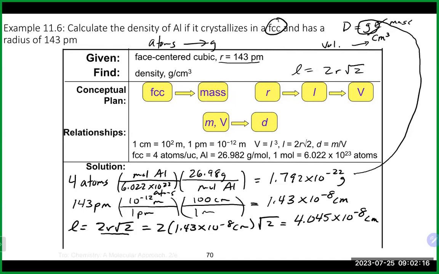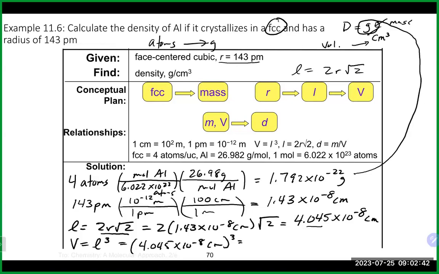This is not the volume, right? But because this is a cube, the volume will equal the length cubed. So what I need to do is take this number and cube it. That basically gives me centimeters times centimeters times centimeters, the cubic centimeters that I need for my volume. So 4.045 times 10 to the minus 8 centimeters, cubed.